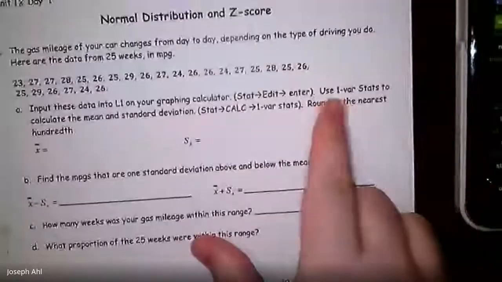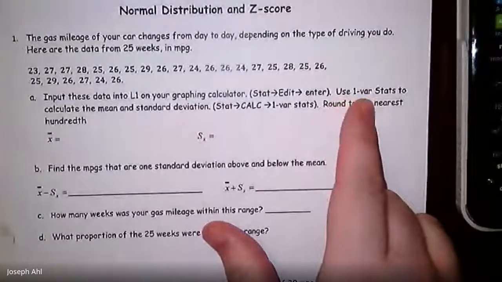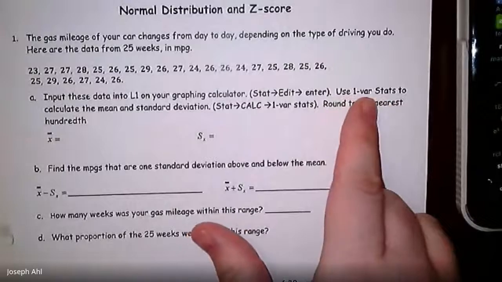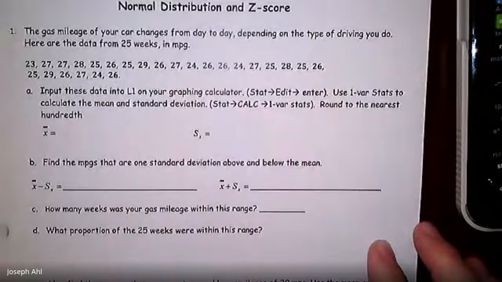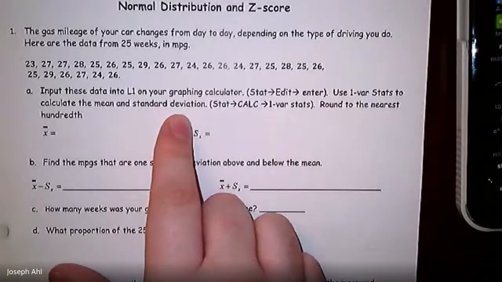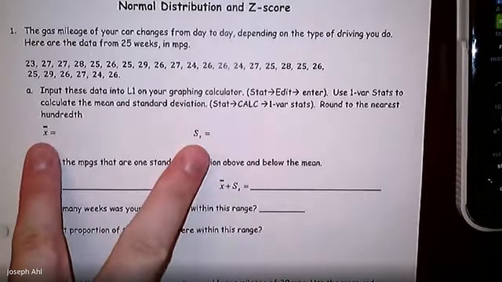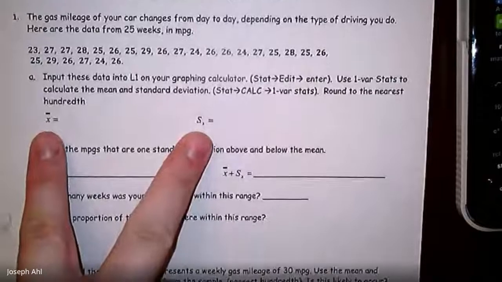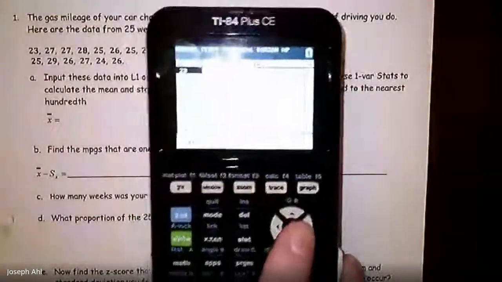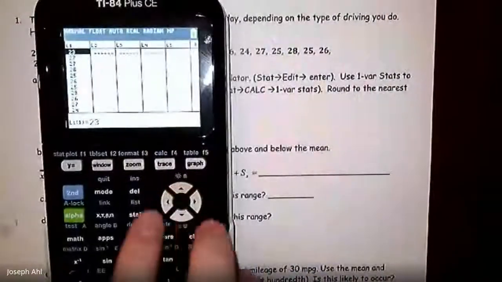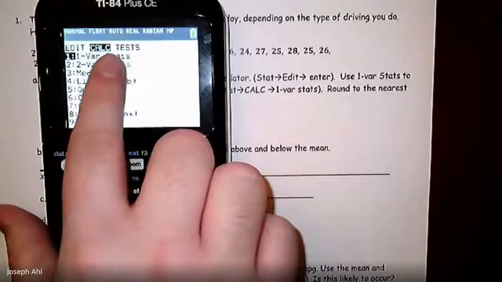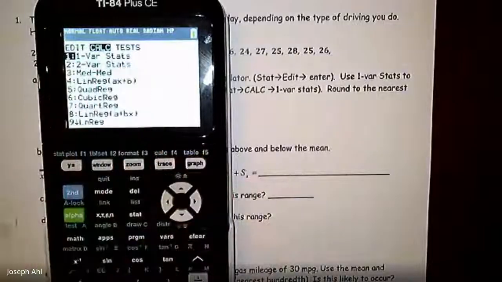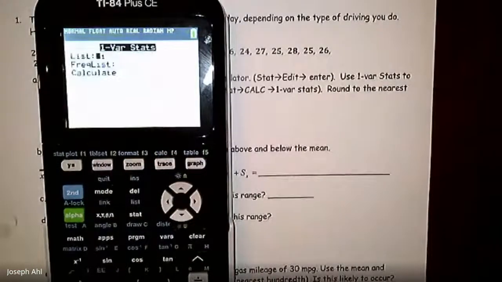Once the data is entered, it says use 1-Var Stats. So 1-Var Stats is statistics concerning one variable. The only variable here is miles per gallon. Calculate the mean and standard deviation. And it shows you symbolically what the calculator defines those two things to be. So once you have your data entered, if you go to stat again, and then scroll one to the right and hit calc, the first option in calculate is 1-Var Stats.